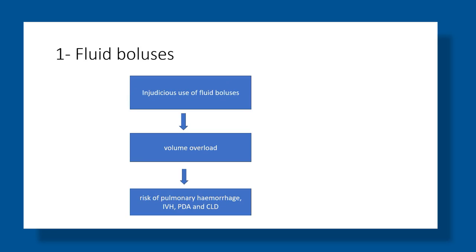And also in preterm babies, you put them at increased risk of developing pulmonary hemorrhage, intraventricular hemorrhage, opening of a PDA, and long-term increased chance of developing chronic lung disease. Therefore, if you have to use fluid boluses, be very careful. Maximum 2 boluses you can use. After that, you always have to consider inotropes.